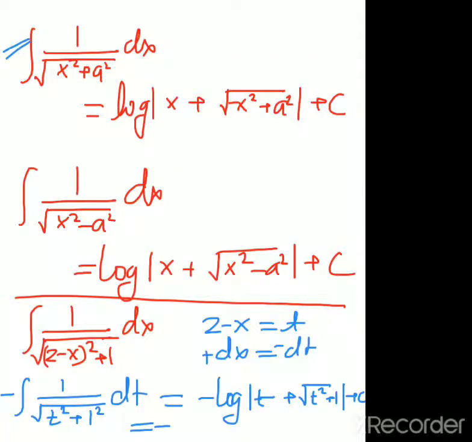So it will be minus log mod 2 minus x plus under root 2 minus x whole square plus 1 plus c. This will be the answer. So I suppose we are able to think these are some very good, important, and direct questions.